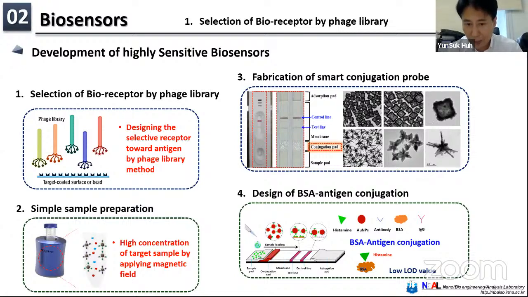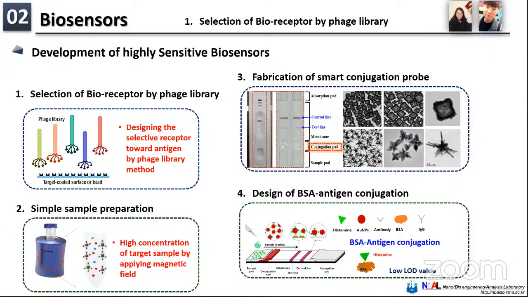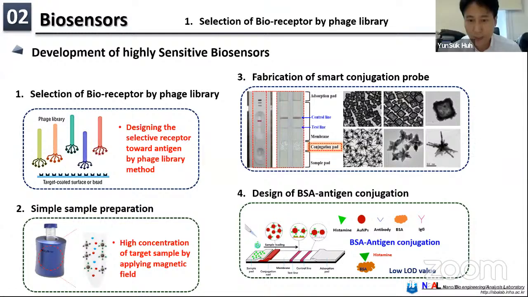In my team, we can design lateral flow assay strip devices. To do that, we can immobilize the colloidal particles functionalized with the receptor materials, and also pattern the test line and the control line.